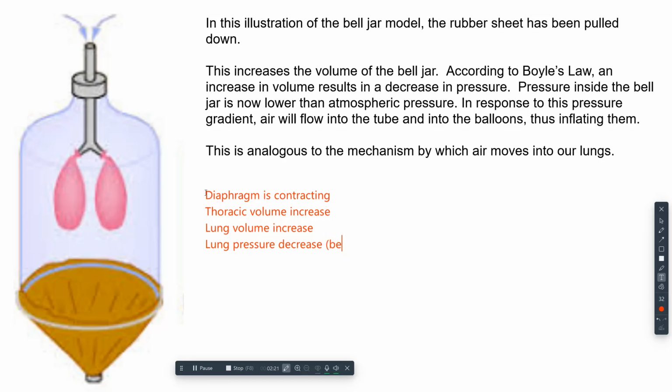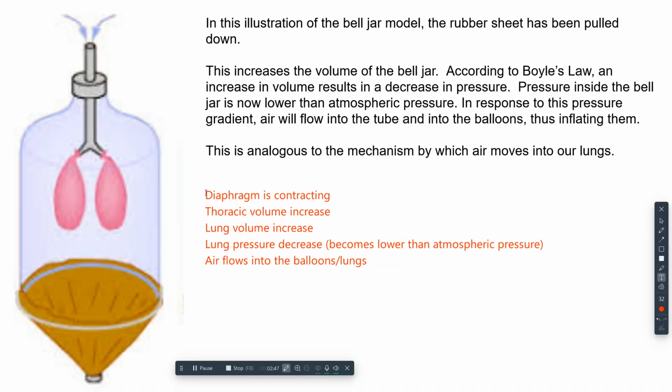And what that means is lung pressure becomes lower than atmospheric pressure. And when we've got this pressure gradient, air is then going to flow into the balloons. In other words, the lungs.